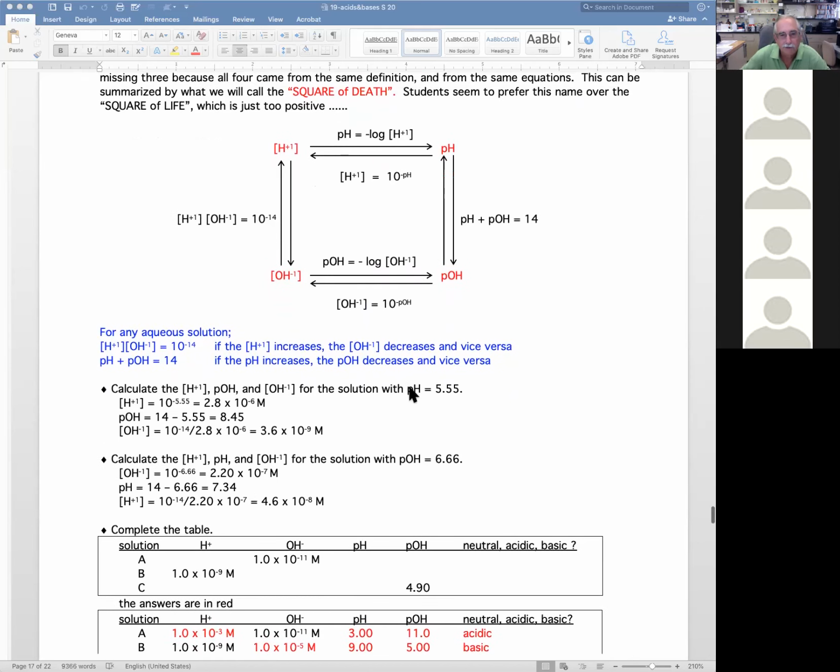So what that means, if I give you one of these 4 things, you can solve the missing 3. Before the final exam, I will give you all these equations and stuff like that, but you just need to be able to do it on your calculator.